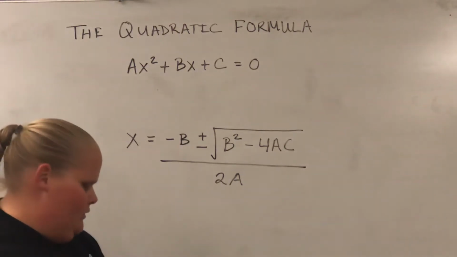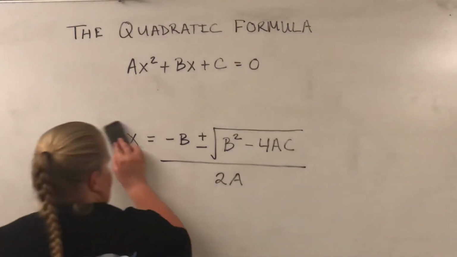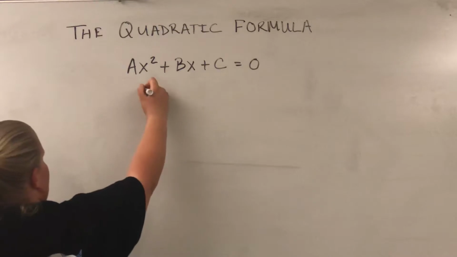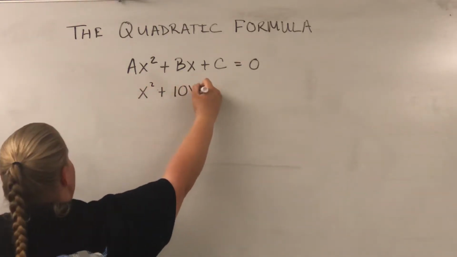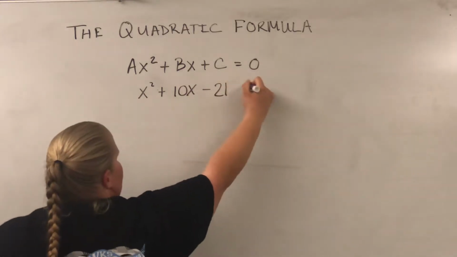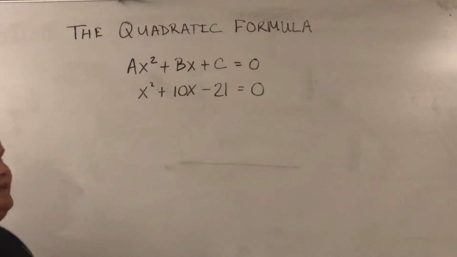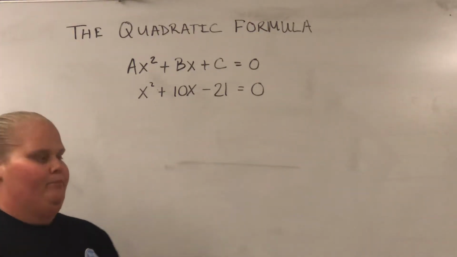So what we're going to do is go over a few examples of how to use the quadratic formula. Okay? So our first example is going to be x squared plus 10x minus 21 equals 0. What we have to do is first identify a, b, and c.